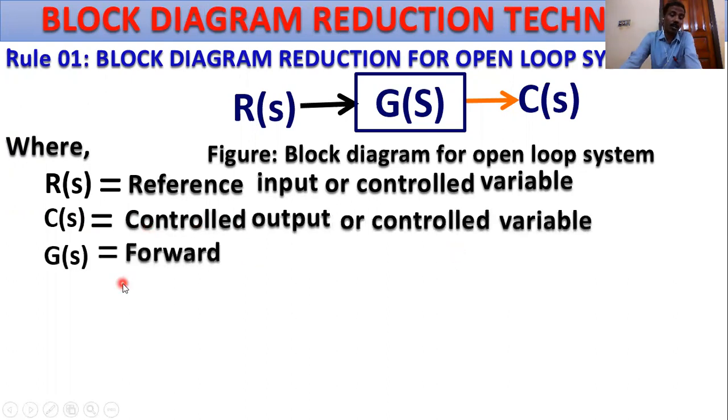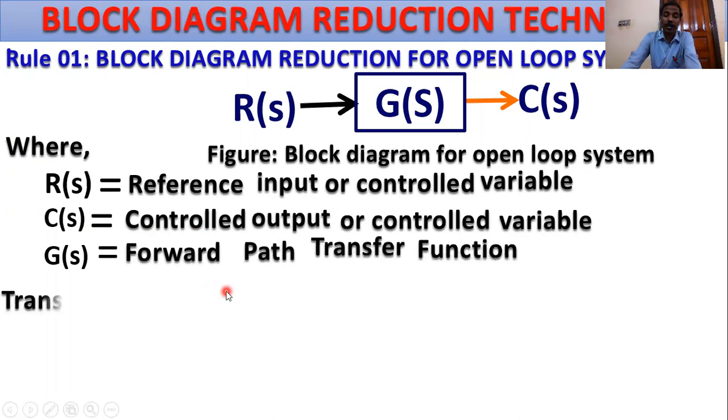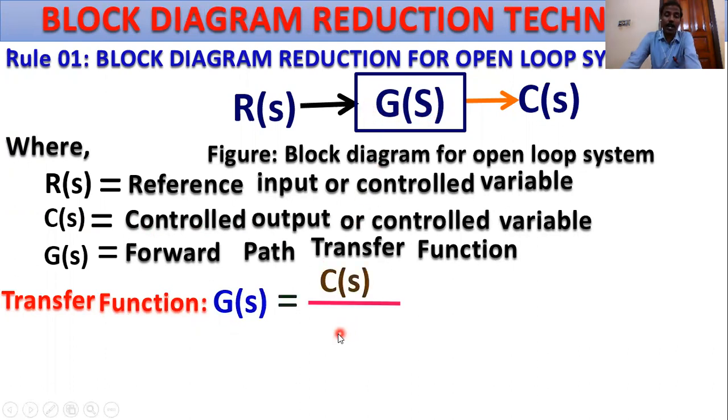G of S is called the forward path transfer function, the plant gain, equals C of S by R of S. What is the definition of transfer function? Laplace transform of output divided by Laplace transform of input, with all initial conditions zero, is called the transfer function.